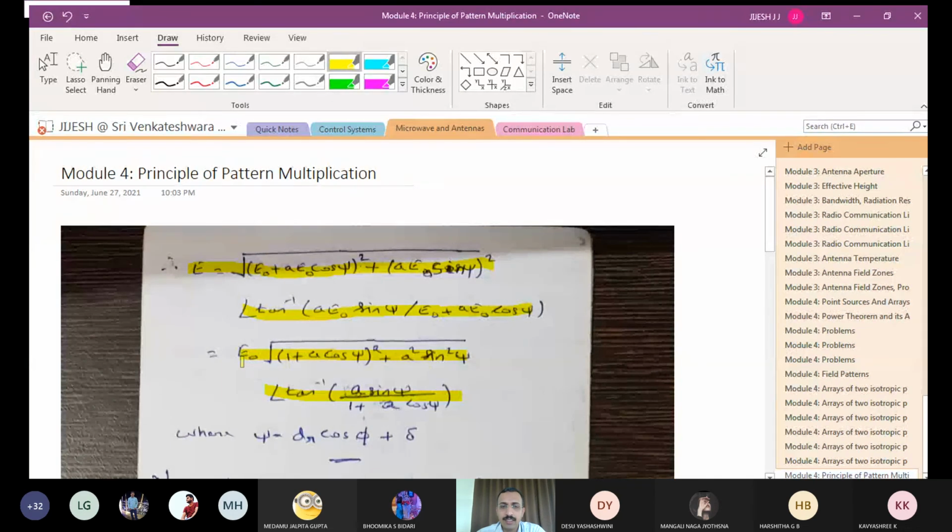You can say E naught times the root of (1 plus A cos psi) whole square plus A square sin square psi, and angle tan inverse of A sin psi divided by 1 plus A cos psi. We know that psi is d r cos phi plus delta. So this is the representation of any amplitude and any phase in the case of two isotropic point sources 1 and 2.